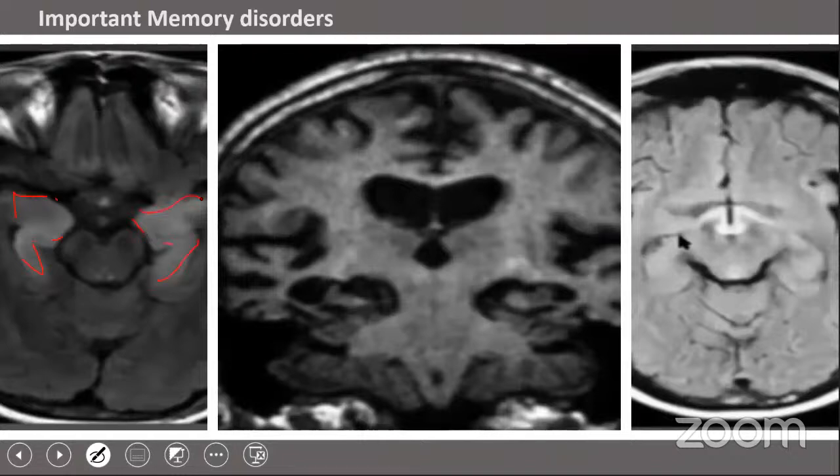This is the coronal section of the MRI showing the wastage or the atrophy of the mesial temporal lobe, and here you can see the mammillary bodies are affected, which will affect the memory. So these are some of the memory disorders.